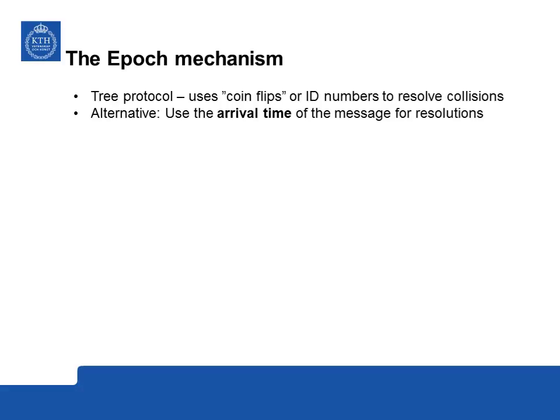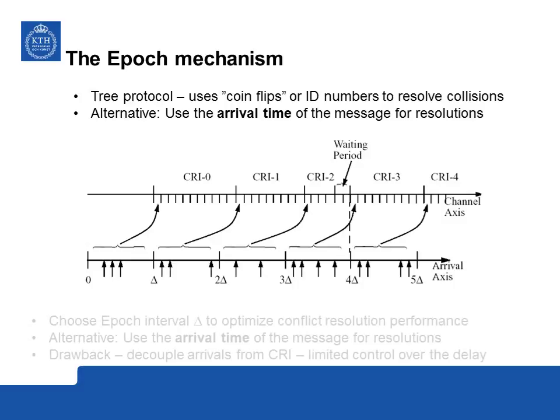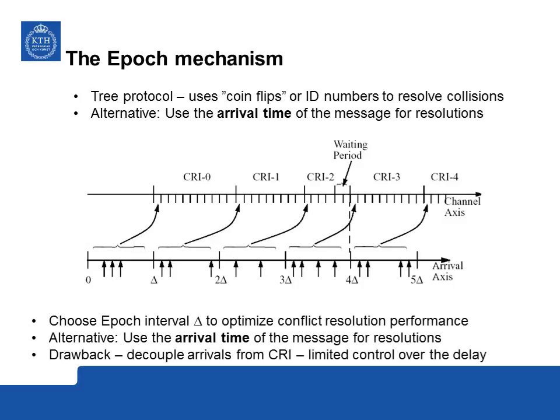In the binary tree protocol, we have assumed that we use coin flips or ID numbers to do the conflict resolution. An alternative that has been proposed is the epoch mechanism, where we use the arrival times of messages to resolve the conflict. And this is how it works. We assume that the time axis for arrivals is split into intervals of size delta.